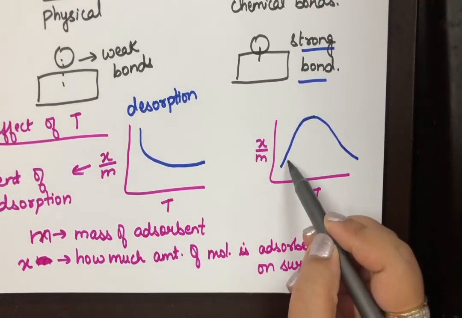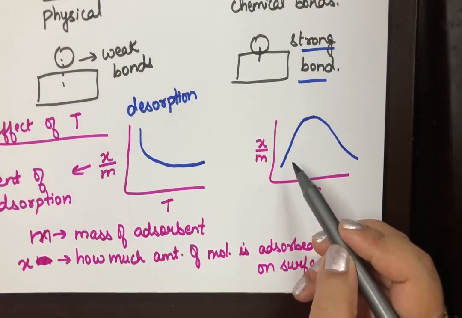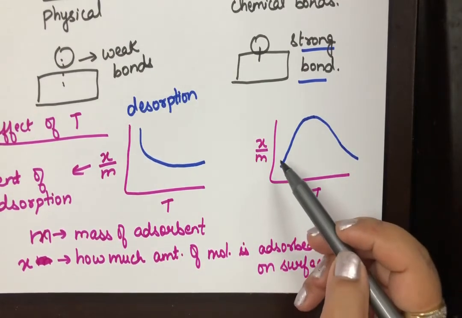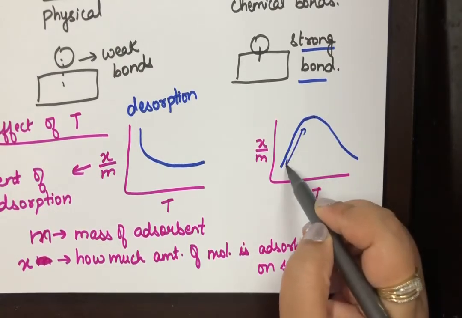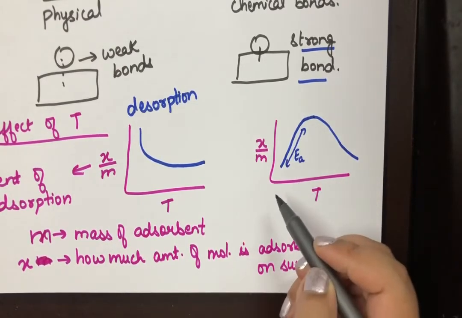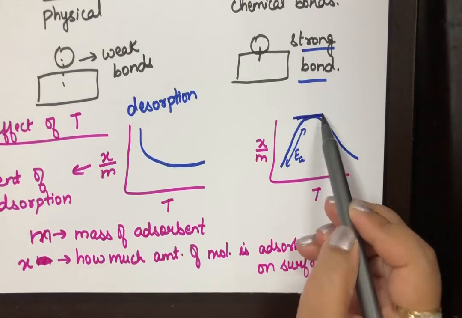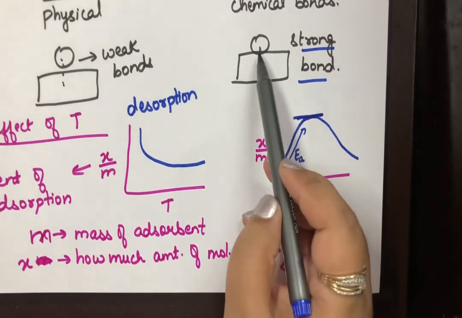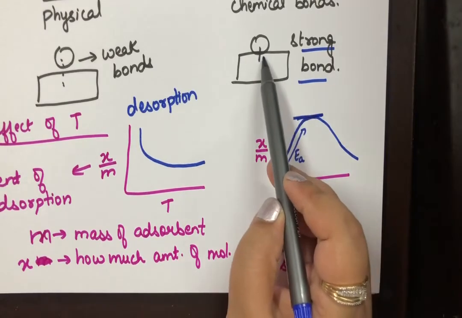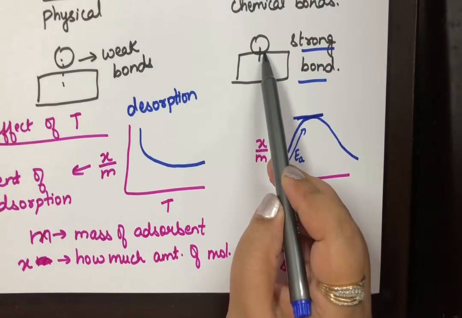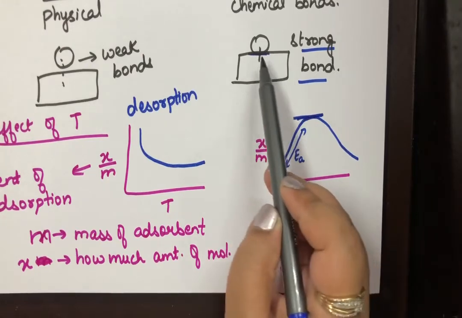So as the temperature was increased, initially the temperature was used to reach the activation energy. So till here the activation energy was being reached. Once the bond was formed, what was happening here? The bond was already there. So if you were increasing the temperature, there is a certain amount of activation energy here.